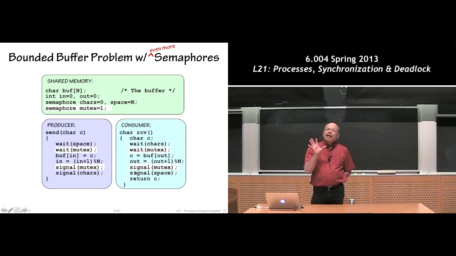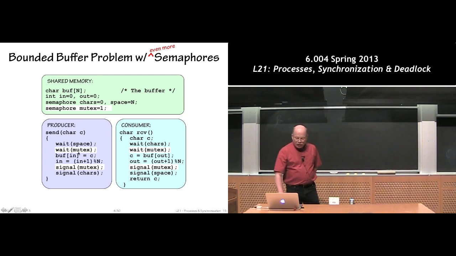So this code actually implements an unnecessary precedence constraint. What is that unnecessary constraint? Right. The idea here is we're trying to prevent multiple producers from screwing around with the in pointer at the same time. Over here, we're trying to prevent multiple consumers from screwing around with the out pointer at the same time.